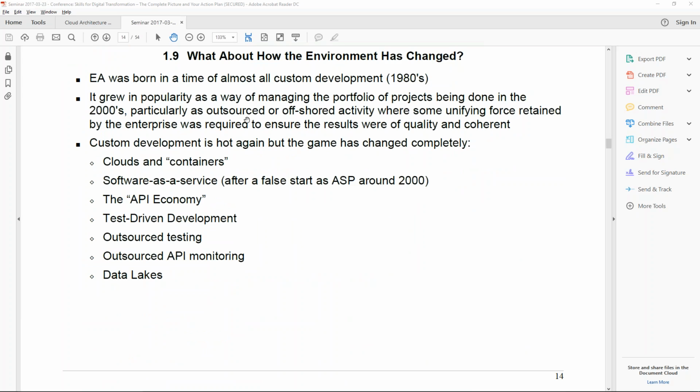Enterprise architecture comes from a world where everything was custom development. Back in the 80s, it's good for managing, perhaps. It's good for keeping the IT organization with a seat at the table in terms of deciding what business needs to do.